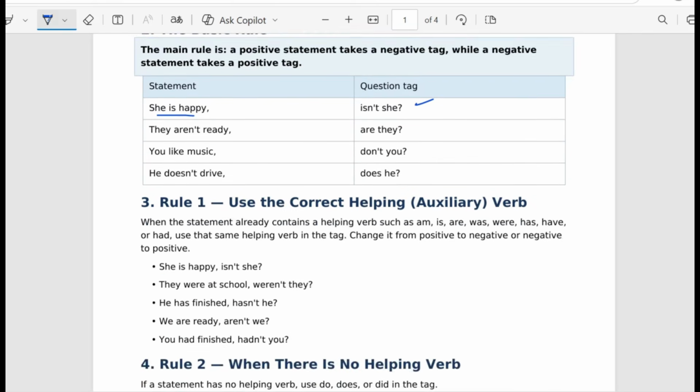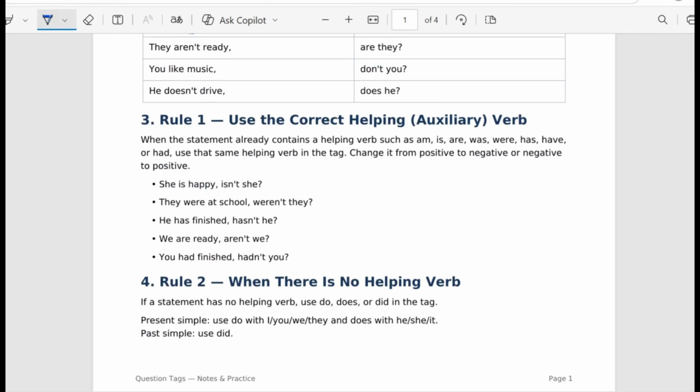Then we have rule number one. Use the correct helping verb, or auxiliary verb, to make a question tag. When the statement already contains a helping verb such as am, is, are, was, were, has, have, or had, use the same helping verb in the tag.